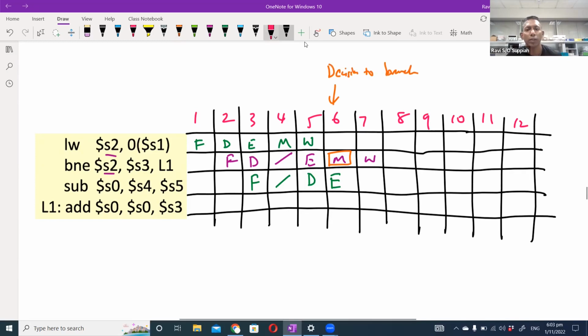Once we know that we are supposed to branch, that means this instruction should not be allowed to continue. Correct? So we will flush this instruction. Then in the next clock cycle, we will fetch the correct instruction, which is here. Fetch, decode, execute, memory, and write back.